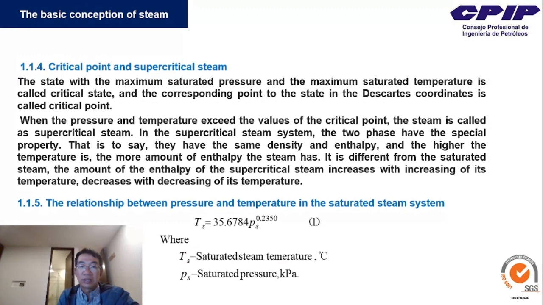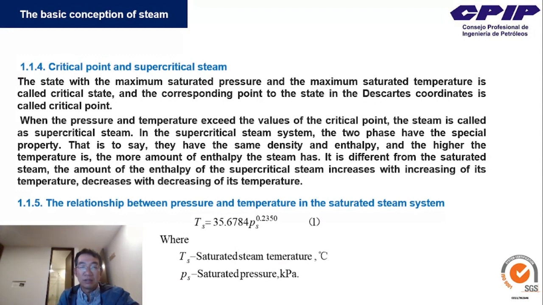In the supercritical steam system, the two phases have a special property, that is to say, they have the same density and enthalpy, and the higher the temperature is, the more enthalpy the steam has. It is different from saturated steam.